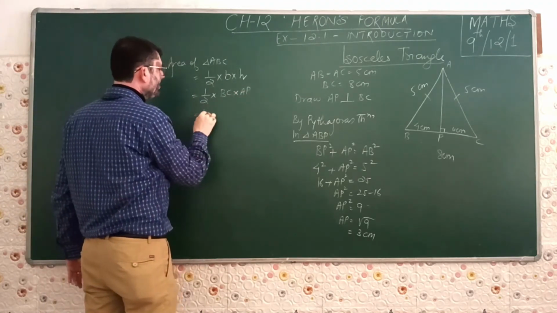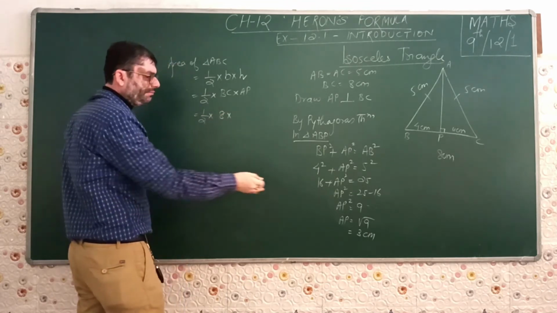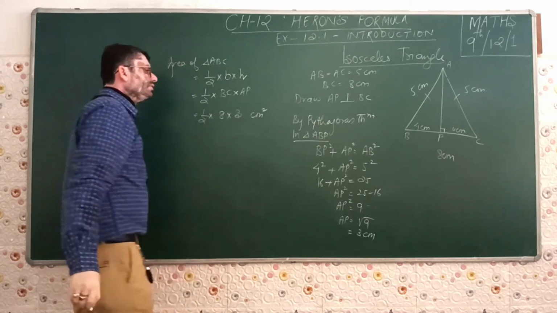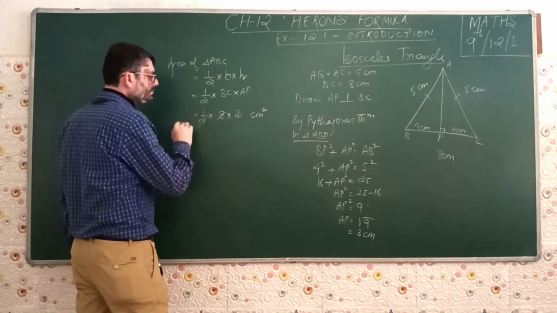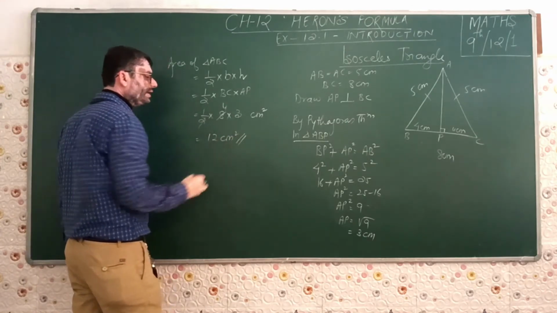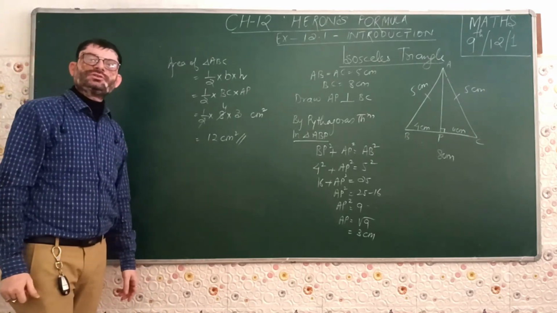Then substituting the values, half into BC is 8 centimeters, and AP we have got as 3 centimeters. The unit of the area will be centimeters square. Solving and getting the answer, half of 8 is 4, so this is 12 centimeters square. This way, we find the area of an isosceles triangle.